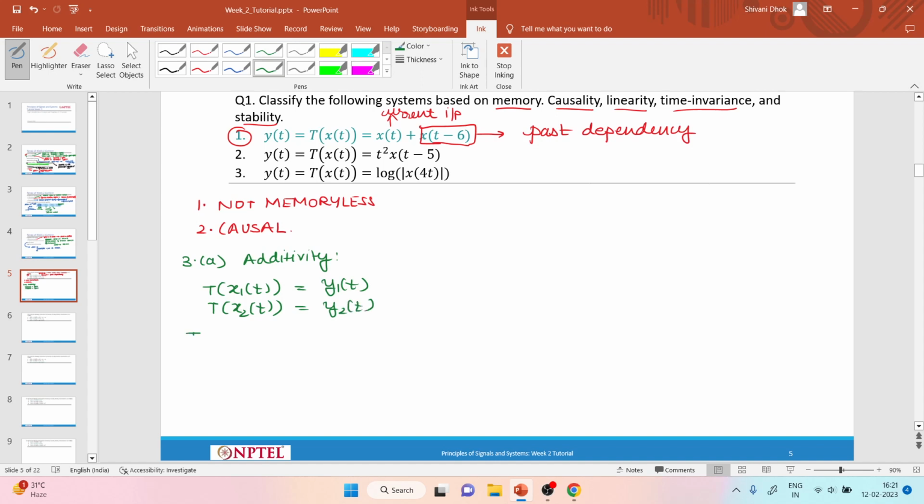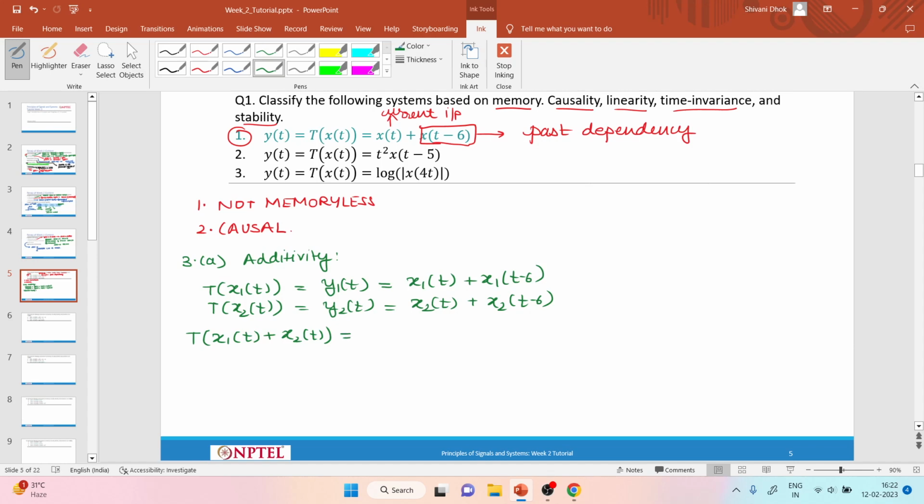Before that, what will be the value of y1 of t? It will be x1 of t plus x1 of t minus 6. Similarly, y2 of t will be x2 of t plus x2 of t minus 6. So what will be the output for x1 of t plus x2 of t?